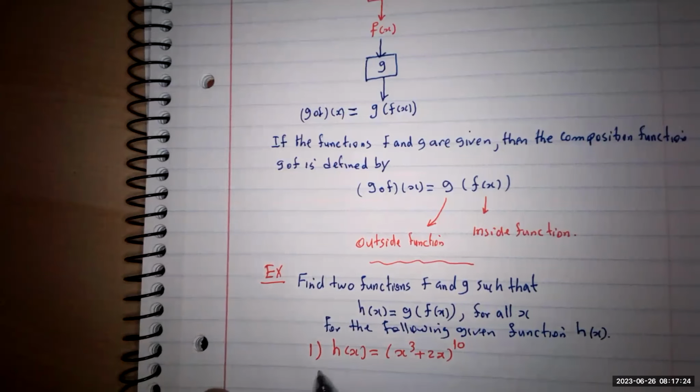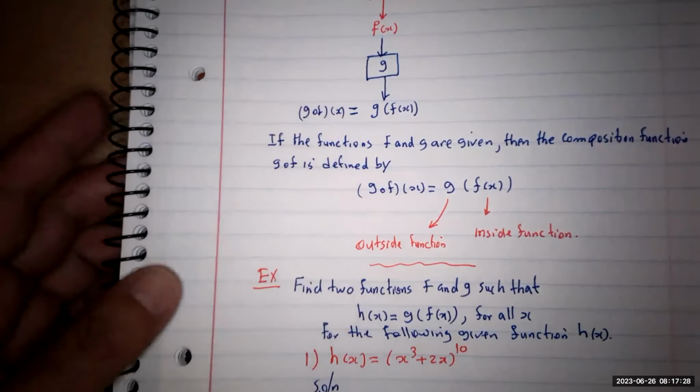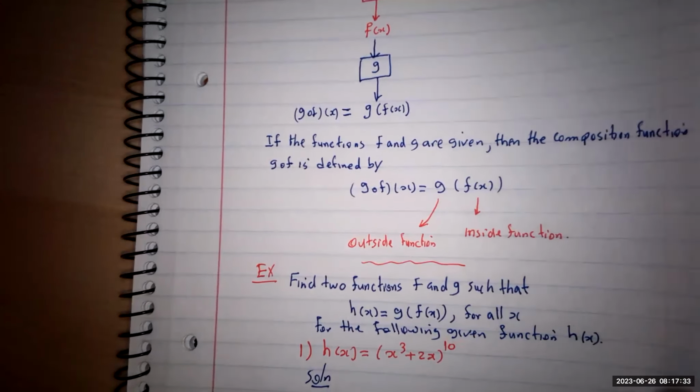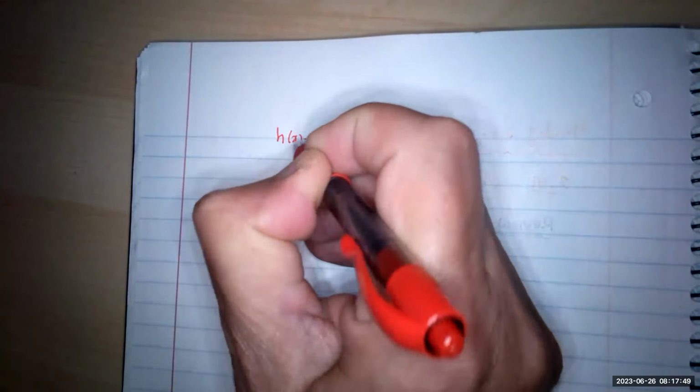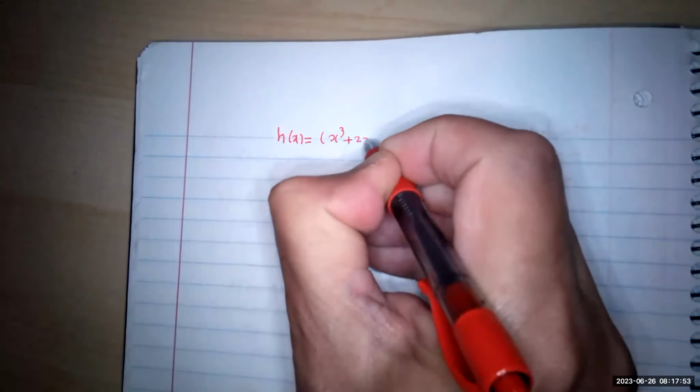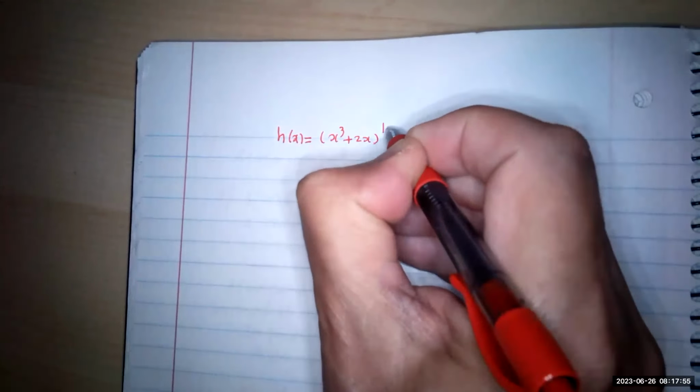Okay, so the solution is going to be as follows. I'll go to the next page to give you more space to explain it. I'll just repeat that function again so that we have it. This is our h of x. The h of x was x cubed plus 2x, everything to the 10th.